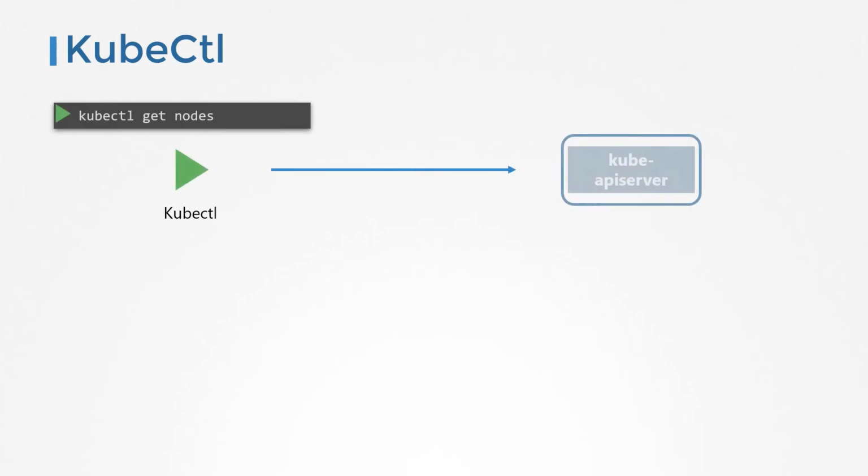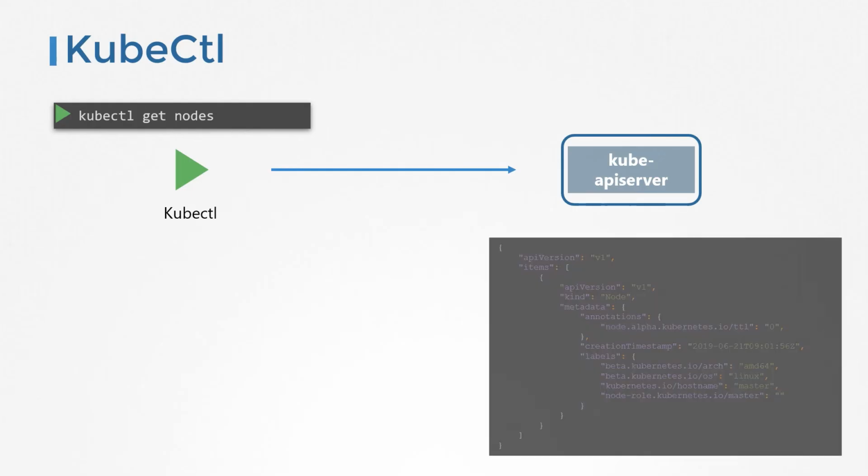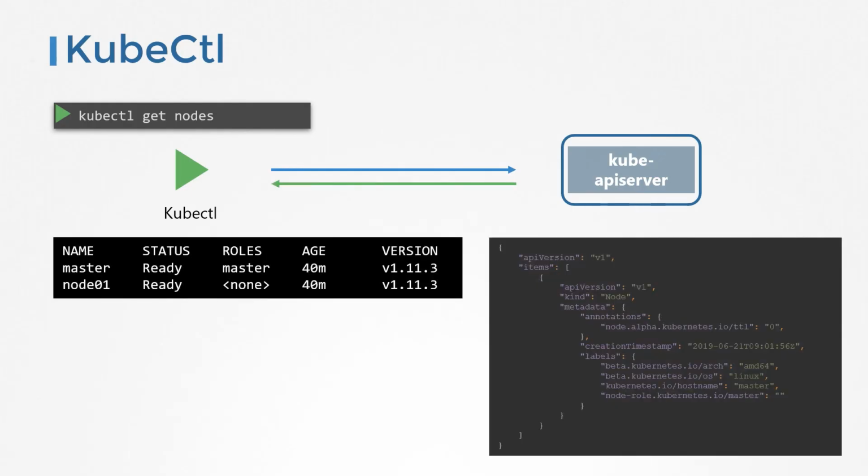But let's take a step back and understand how the kubectl utility works. We know that the kubectl utility is the Kubernetes CLI. You use it for reading and writing Kubernetes objects. Every time you run a kubectl command, it interacts with the Kubernetes API through the kube-apiserver. The kube-apiserver speaks the JSON language, so it returns the requested information in a JSON format.